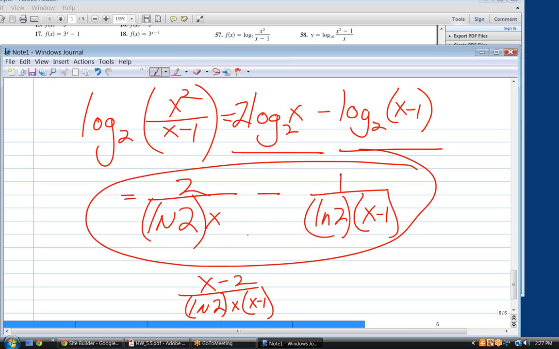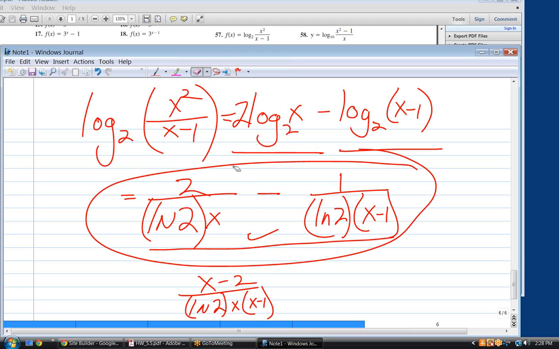All she's doing is subtracting those two fractions by finding a common denominator, which is clearly natural log of 2 times x times x minus 1, which makes this side over here x minus 1, makes this side over here x, and that's how she got that.